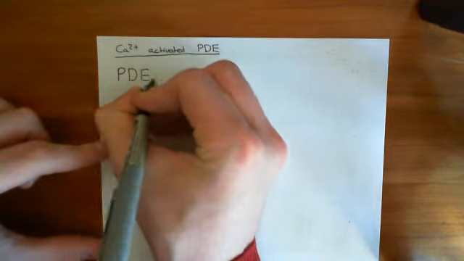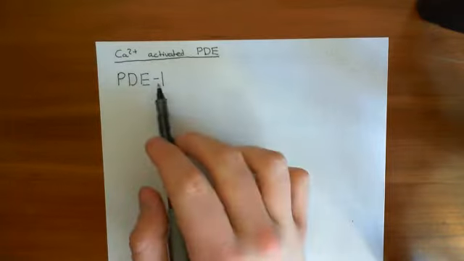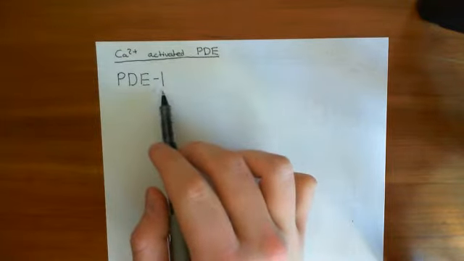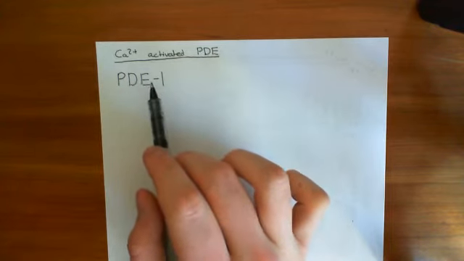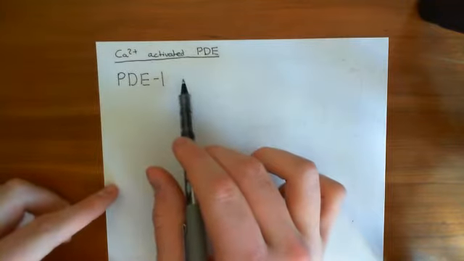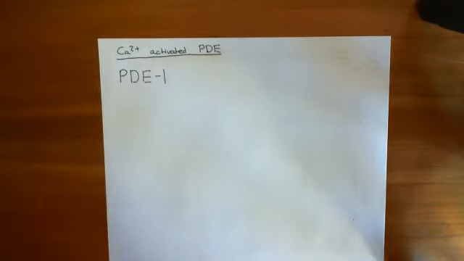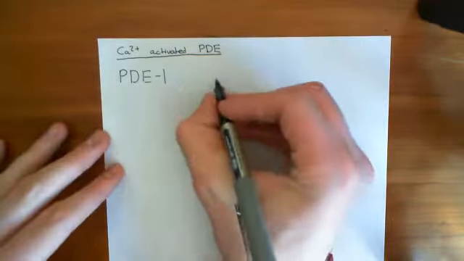So remember, there are many different genes coding for phosphodiesterase enzymes, and we can categorize them into 11 different families, i.e. phosphodiesterase 1s through to phosphodiesterase 11. Now, in each family there are separate genes. So in the phosphodiesterase 1 family there are actually 3 different genes which code for these calcium-sensitive activated phosphodiesterases. And basically they're all very similar.